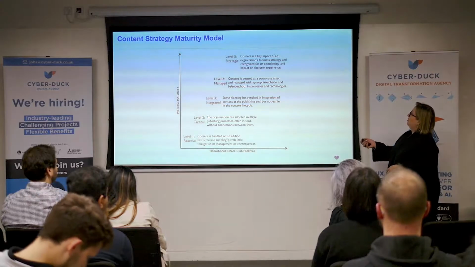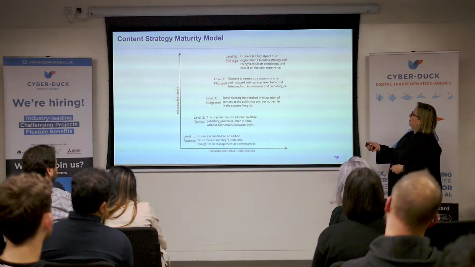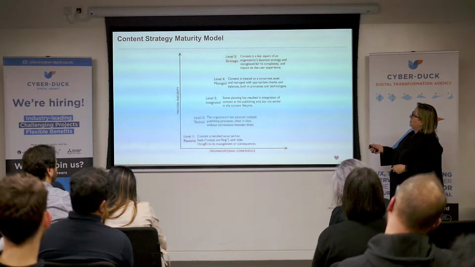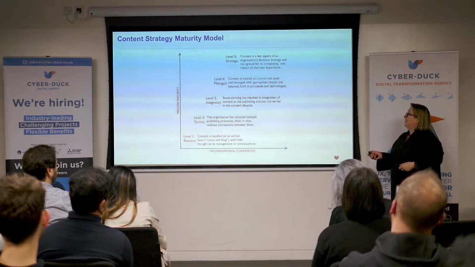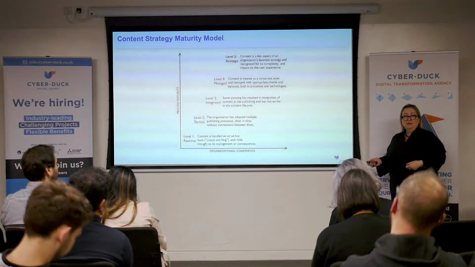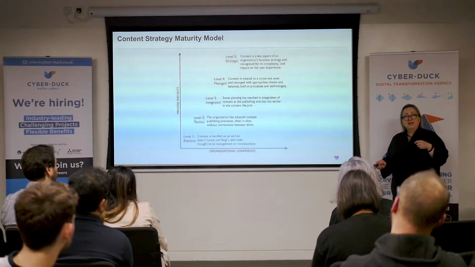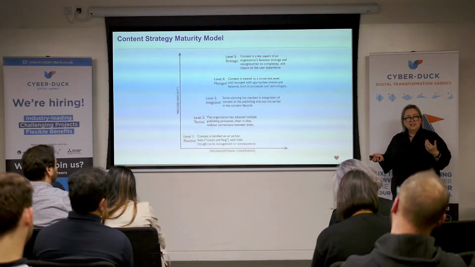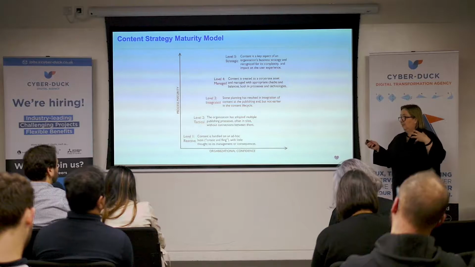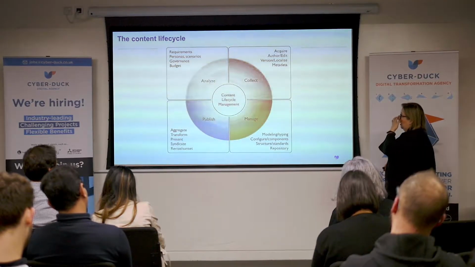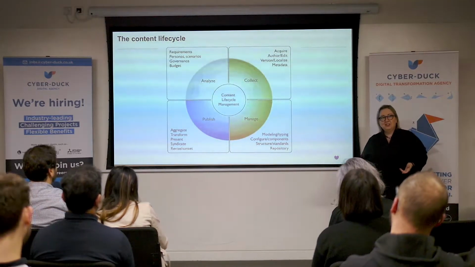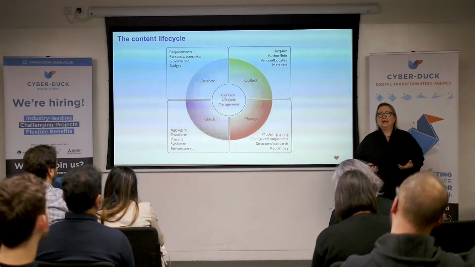So what we try to do is to get somewhere up between here and here. Not everybody needs to reach level 5, but you need to at least reach level 4. And a lot of that ends up being underlying processes, technologies, and infrastructure. And we think of content as in content lifecycle because it's not like supply chain.